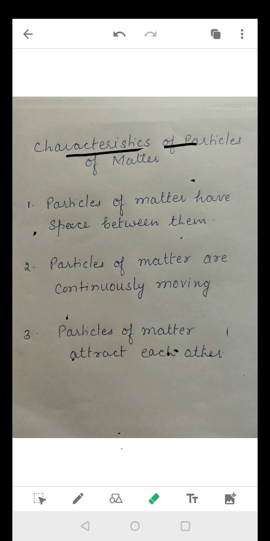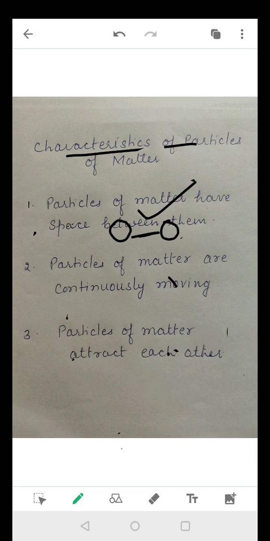The first important point is that particles of matter have space between them. We'll discuss each one of them in separate videos, but today we'll learn the characteristics. Particles of matter have space between them. Means, if there are two particles, there will be space between them. Right?